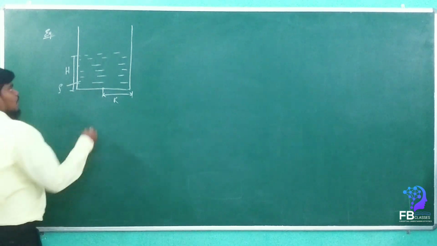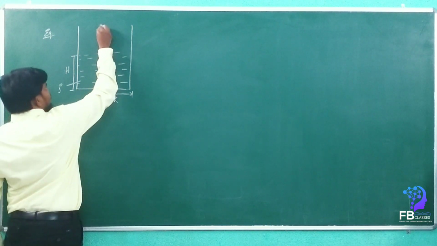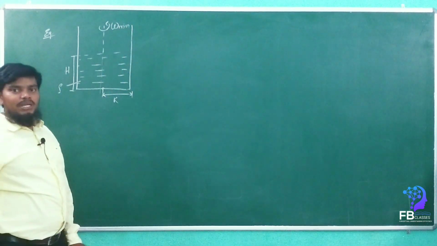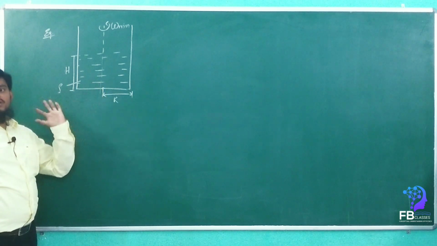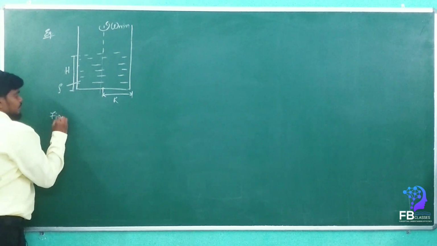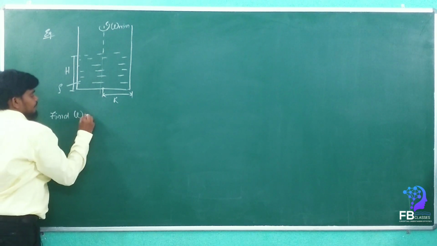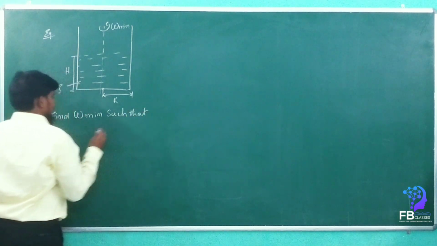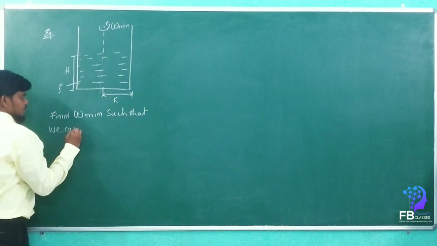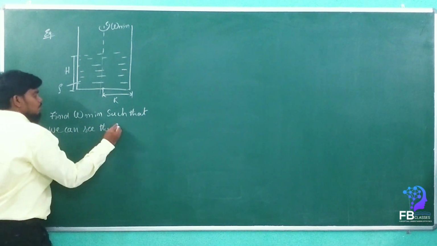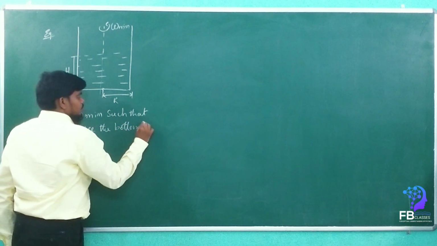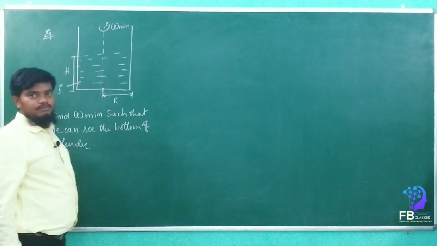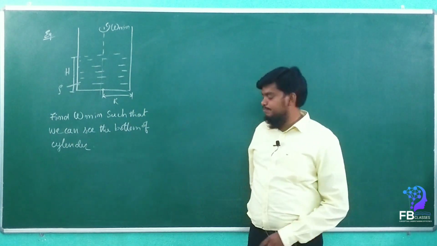He asks, what is the minimum value of omega such that we can see the bottom of the cylinder? That is the question, which is also in the JEE Mains.